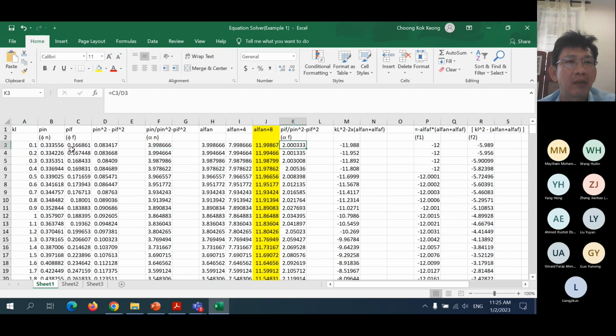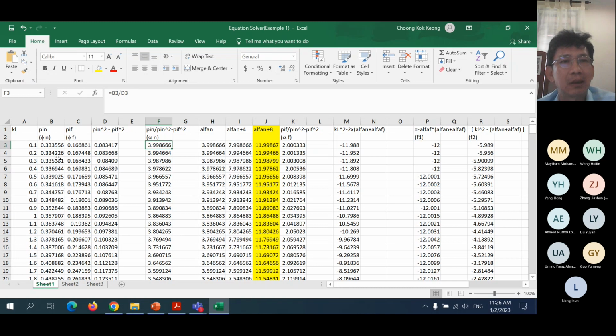And alpha n and alpha f are, of course, if we go back to the original equation, alpha n is phi n over phi n square minus phi f square. So we calculate here also phi n and phi f first, and then get the phi n square minus phi f square for us to substitute in here to get alpha n.